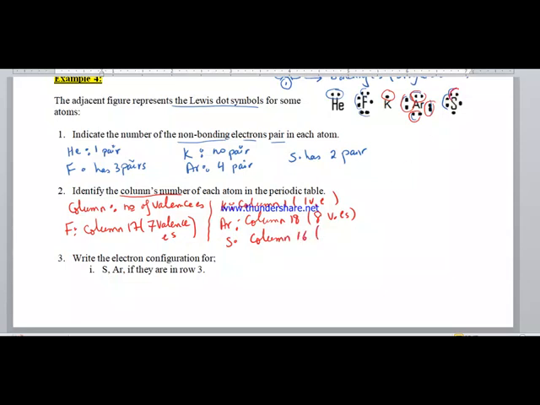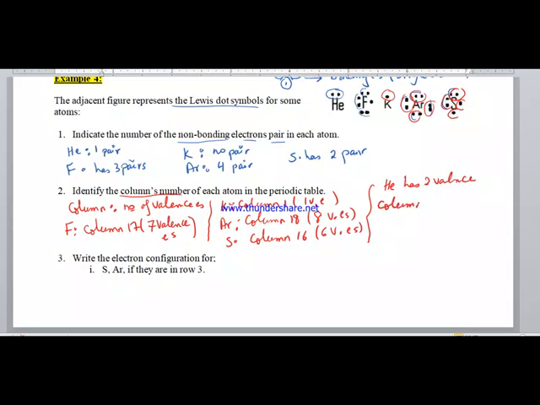Also we have 2, 4, 5, and 6, and it has 6 valence electrons. For helium, it has 2 valence electrons.